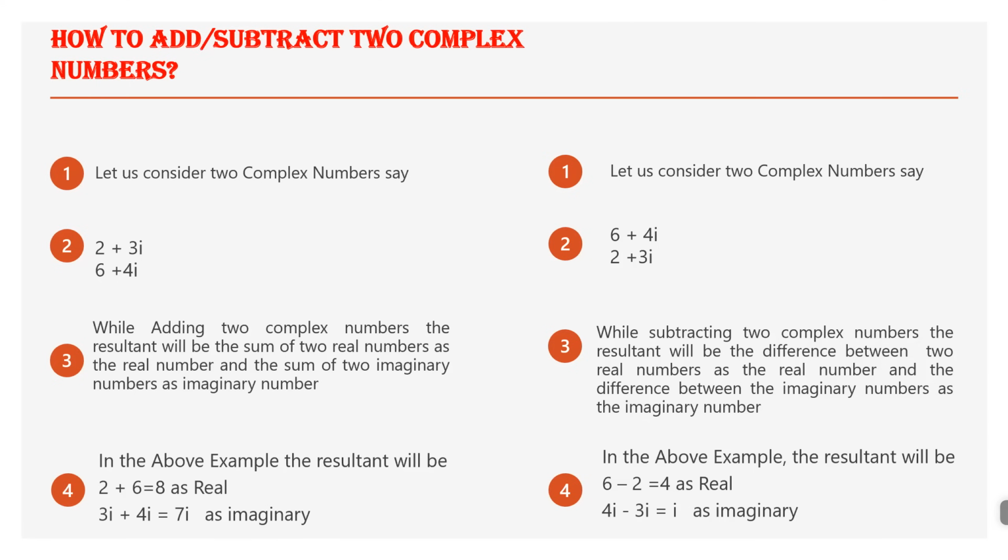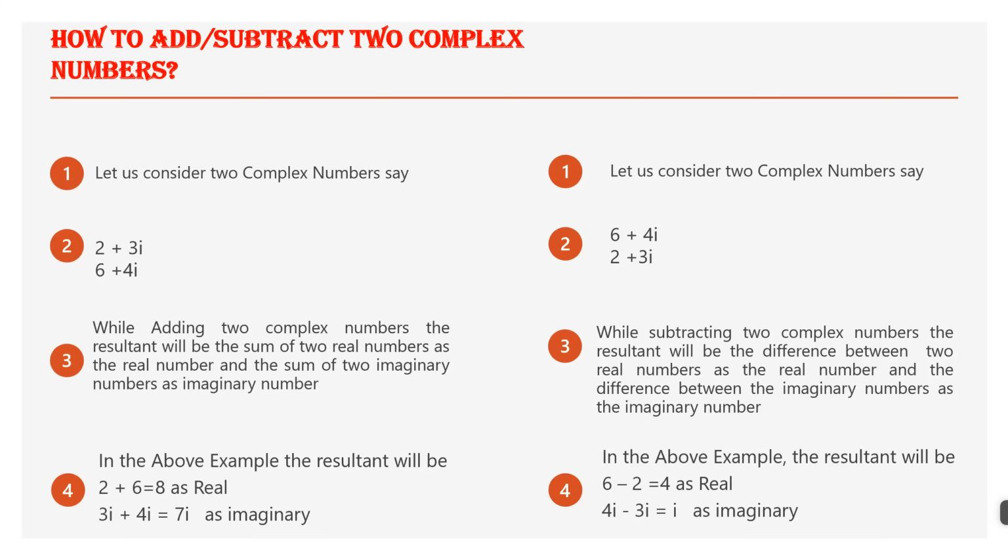So totally the resultant would be 8 plus 7i as an addition after adding 2 plus 3i as well as 6 plus 4i. Similar to addition, we can subtract the two complex numbers. Let's take an example of 6 plus 4i as well as 2 plus 3i.